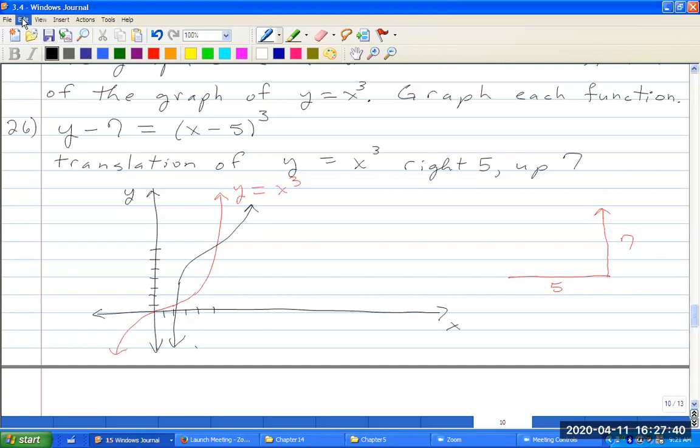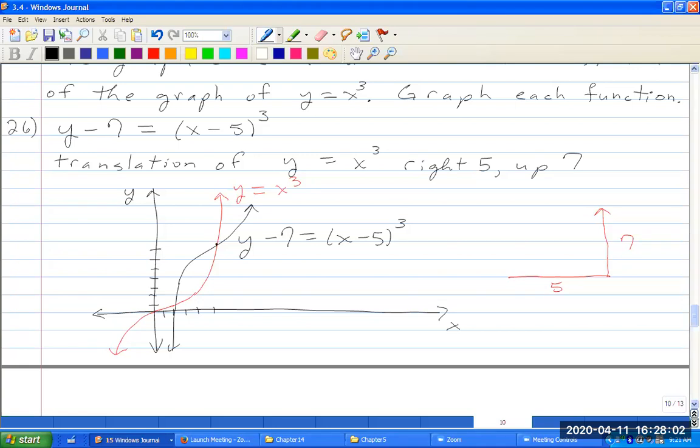That really looks horrible. It still looks horrible, but okay, this is the graph of y minus 7 equals x minus 5 cubed.